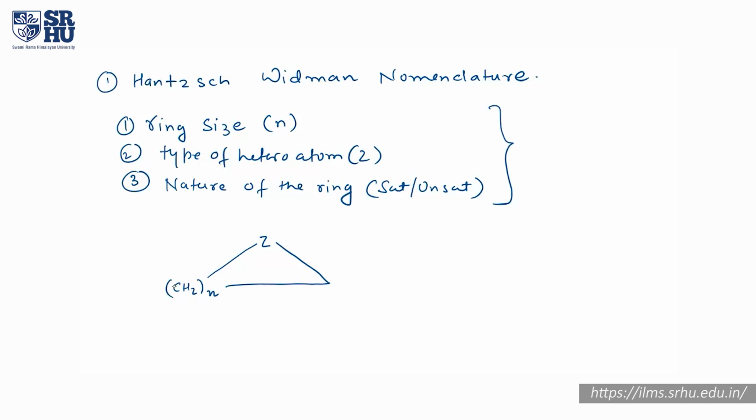So we have to see these three factors and do the nomenclature accordingly. For that there is a table, or you can say a guideline. Number one is the type of heteroatom, the first factor. The type of atom decides what name should be given. If the heteroatom is oxygen, we use the word oxa.